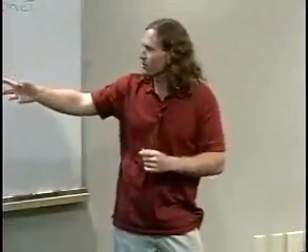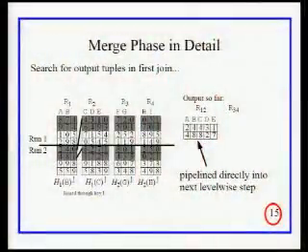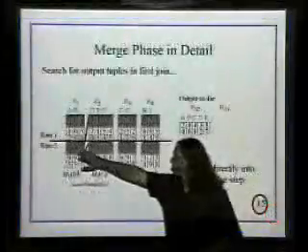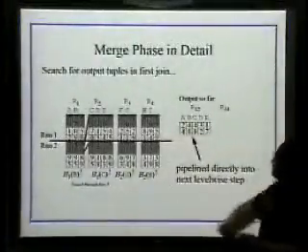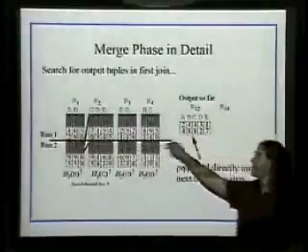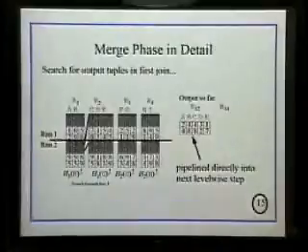The way this is implemented, we have multiple threads doing this: one thread associated with one of the joins, another thread associated with the other join. For everything in memory, just like in a classic sort merge join, you ask, do I happen to have any result tuples? And you find that some match up, and they are then sent out on the output stream.